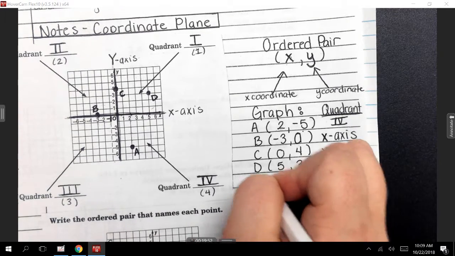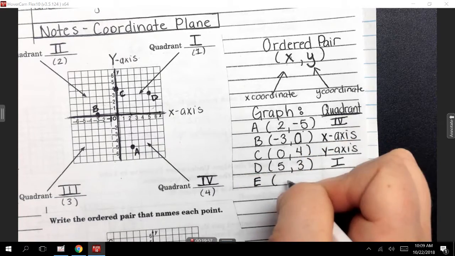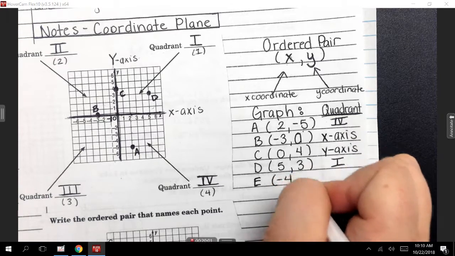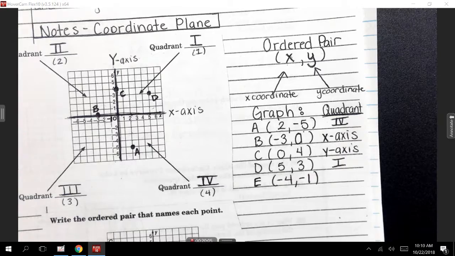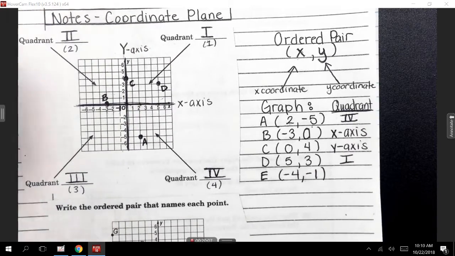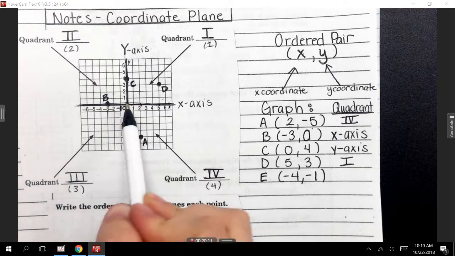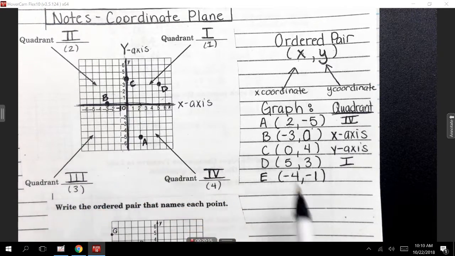Okay. What if I gave you, let's do one more, E. E, let's graph -4, -1. -4, -1. Okay? All right, so Stone, I'm starting at my origin. Where am I going to go first? I just added one more to it. We're doing E, -4, -1.